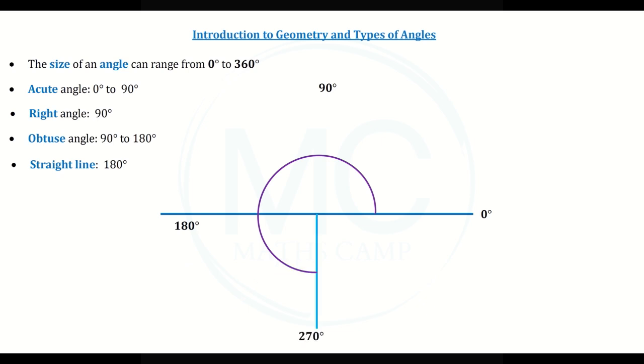This angle is 270 degrees. And finally, we can continue back to the original line, again creating 360 degrees. Any angle that is greater than 180 and smaller than 360 degrees is known as a reflex angle. Please keep the names and sizes of these angles in mind when working with this section.